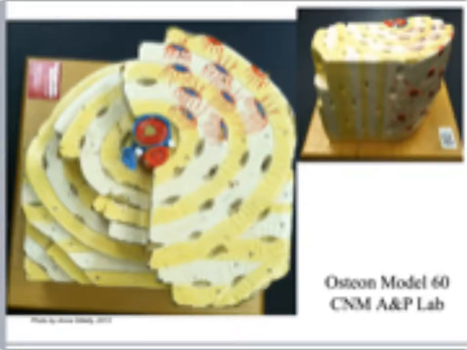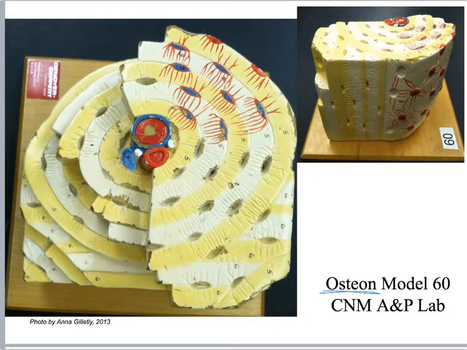All right, here's a favorite model of mine that we have in our A&P labs. This is an osteon model, and you need to really get that into your head, what you're looking at when you're studying this. So right here in the middle, you have that central canal, and that is where you're going to have blood vessels. So you can see the red artery or the red capillary, and then you've got what looks like a neuron, and then you've got a vein.